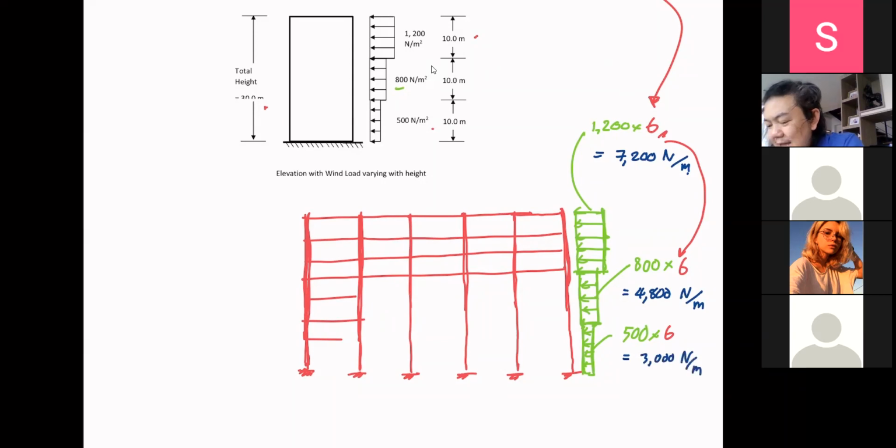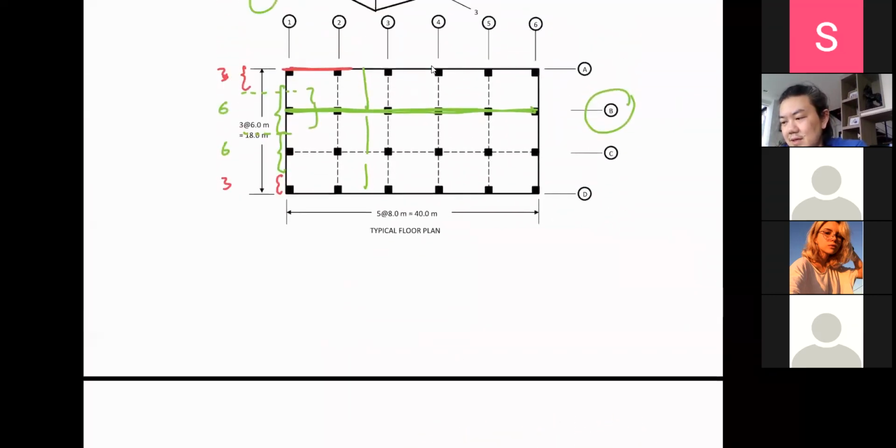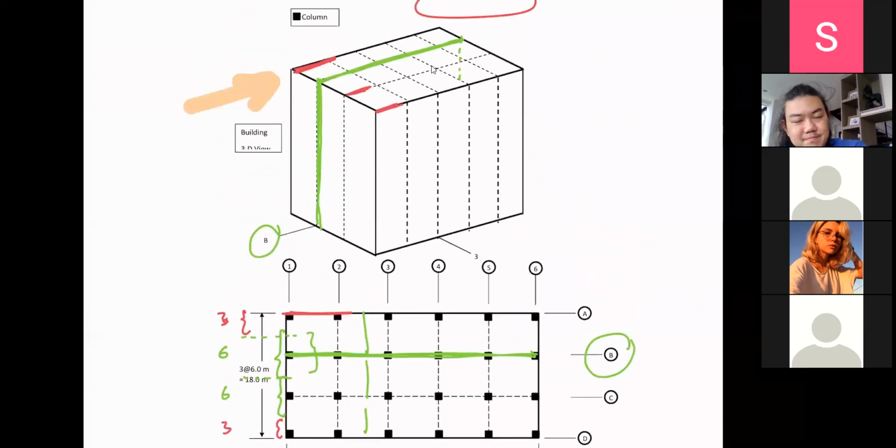So you know, that's the basic idea of calculating the wind load acting on your building, for a typical structure like this, a box like this.